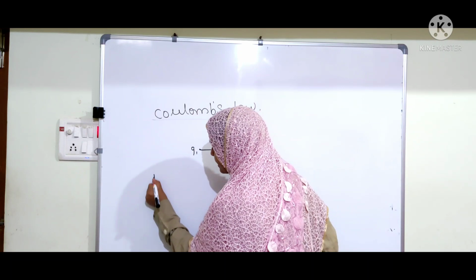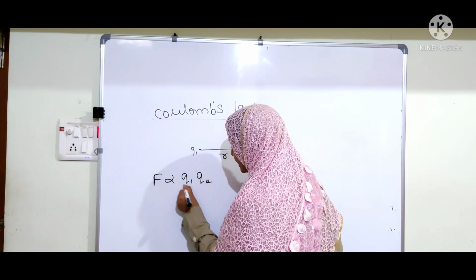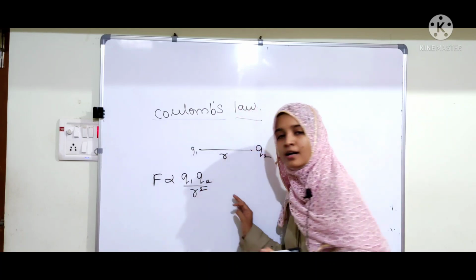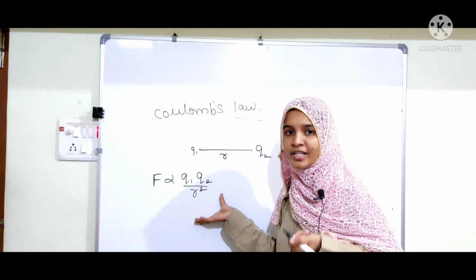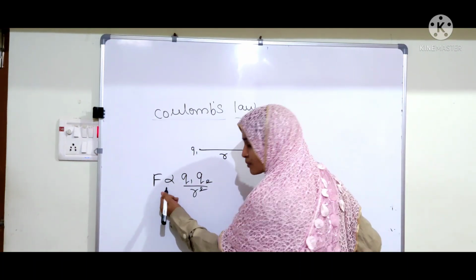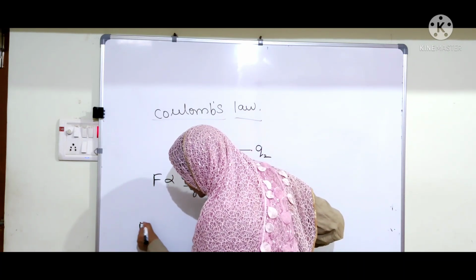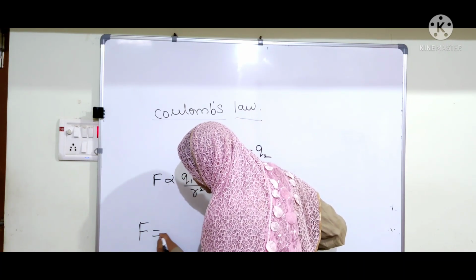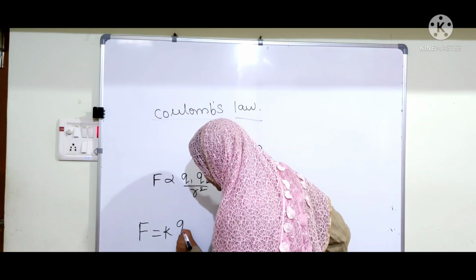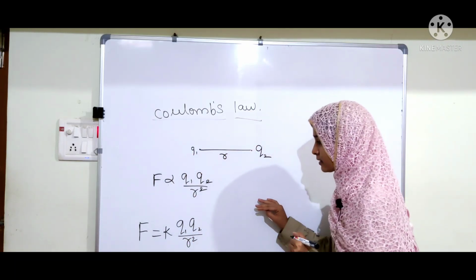Here F is directly proportional to Q1 Q2 divided by R square. According to the statement we have written the equation. If I want to remove this proportionality sign, then I have to put k instead of the proportionality sign. F is equal to k into Q1 Q2 divided by R square.